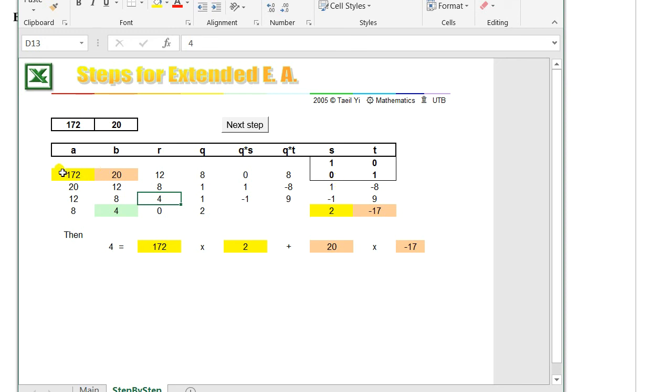So 4 should be 172 times 2 plus 20 times that number. That's the reason most likely you are going to have alternating plus and minus signs here. So 2 and negative 17 are for our A and B. Just be careful which one is which.